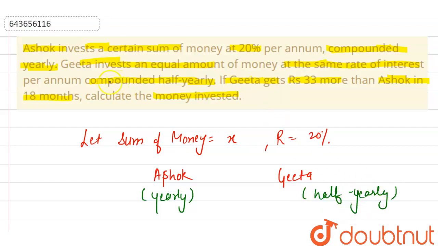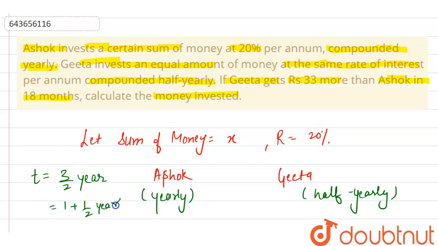Geeta invests an equal amount of money at the same rate of interest per annum, compounded half yearly. If Geeta gets rupees 33 more than Ashok in 18 months, we can write time equal to 18 months, and we can write 18 months as 3 by 2 years, or 1 year plus 1 by 2 year.